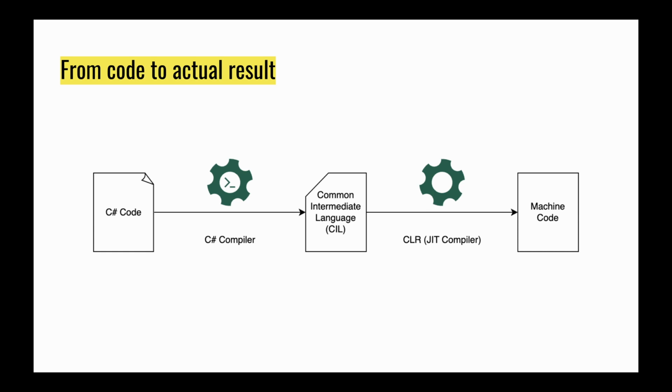So let's follow the same path from the code to the actual result that we previously mentioned. Again, we have the code that we have written in our IDE, like Visual Studio, Visual Studio Code, or others. But again, C# code is more for humans than a computer. .NET uses a special engine to run your application, and it's called CLR, or Common Language Runtime.